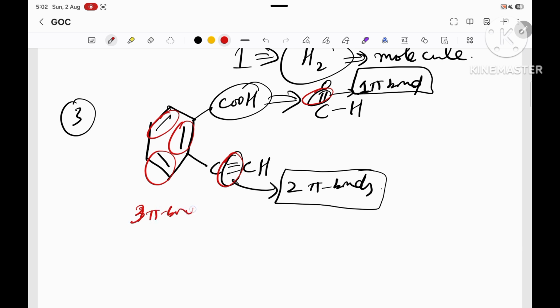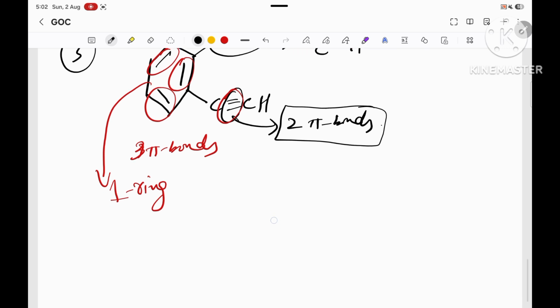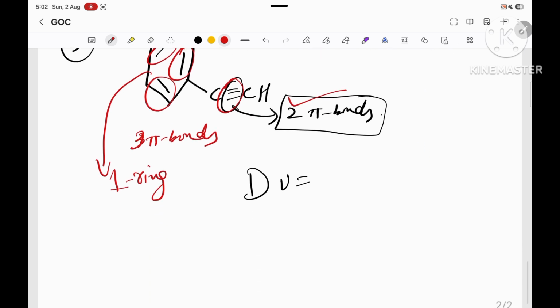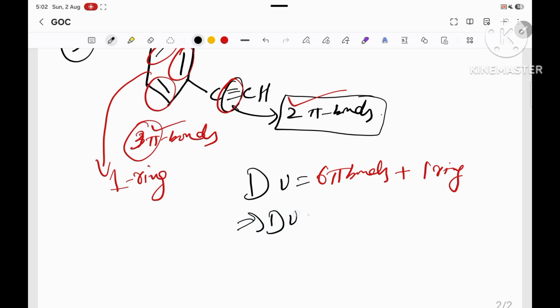Three pi bonds and also 1 ring. Now we will calculate its DU. DU is equal to 2 pi bonds plus 1 pi bond is 3, and 3 more are 6 pi bonds, plus 1 ring. So its DU is equal to 6 plus 1, which is 7. I hope you got it.